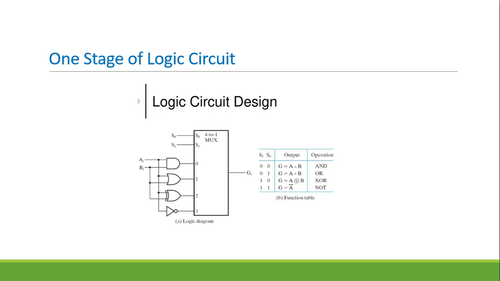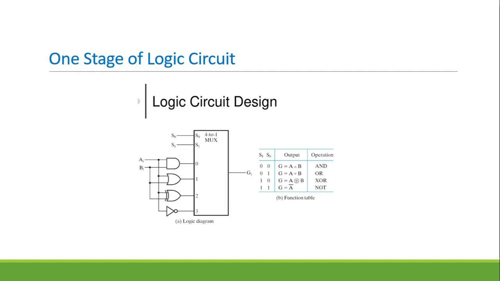The outputs of the gates are applied to the data inputs of the multiplexer. The two selection lines S1 and S0 will be chosen to select the data inputs of the multiplexer and direct its value to the output.